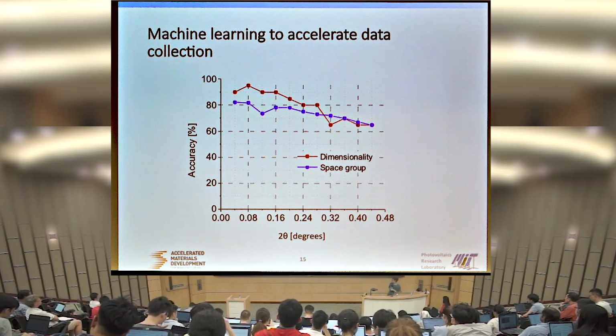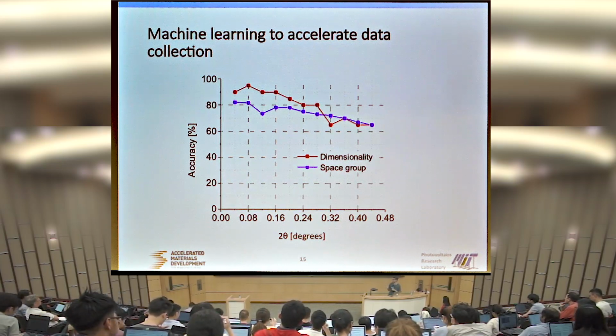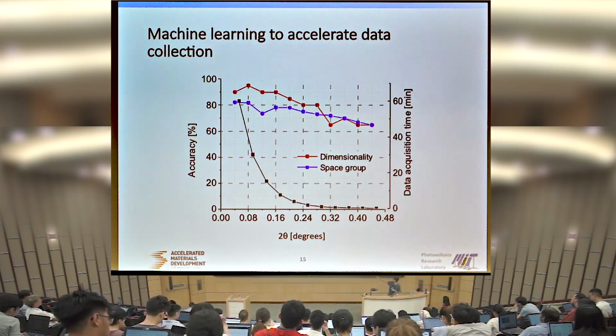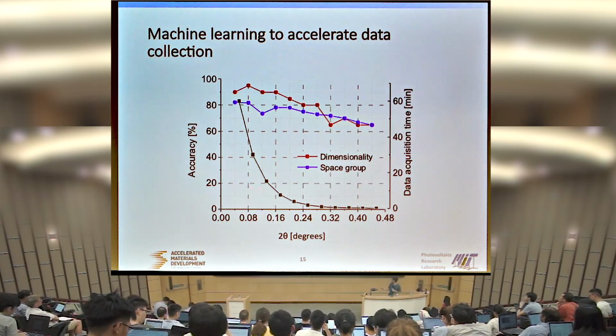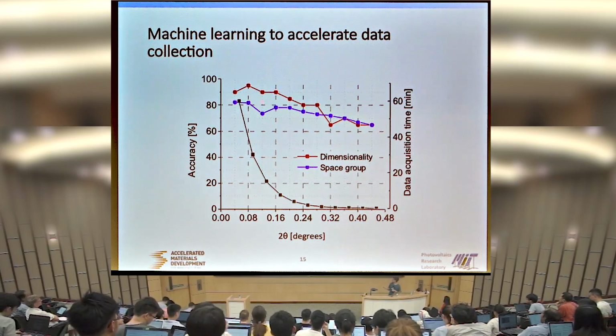So what we did is we increased the step size of the 2-theta scan. If we increase the step size, the data acquisition time, which is drawn in this black line, decreases exponentially with the increasing step size. But if you look at the accuracy, it still keeps relatively okay before the step of 0.16.